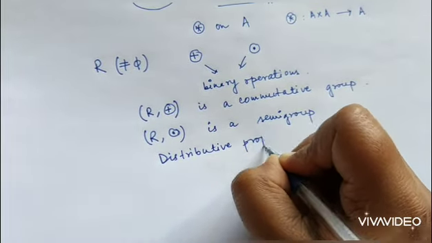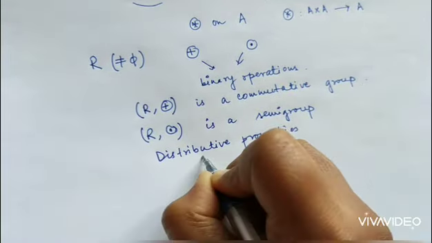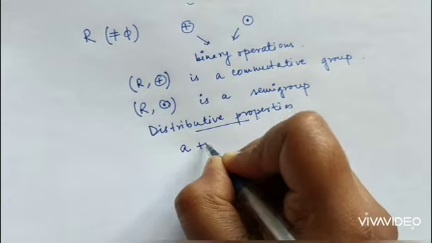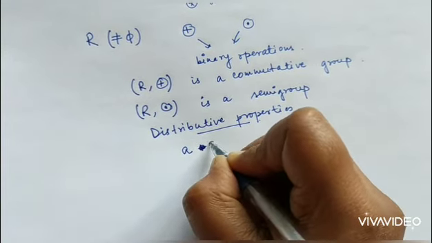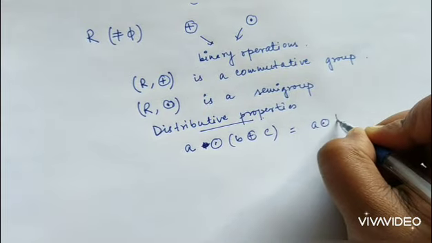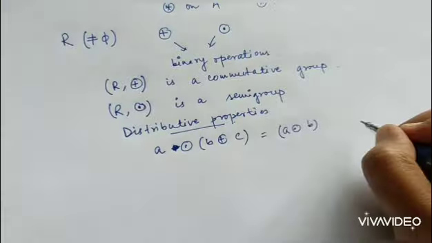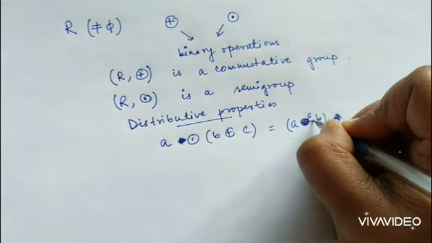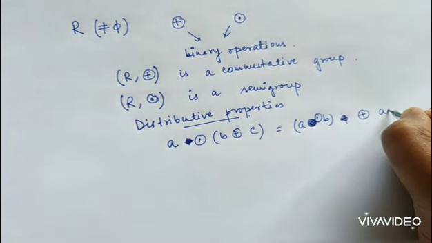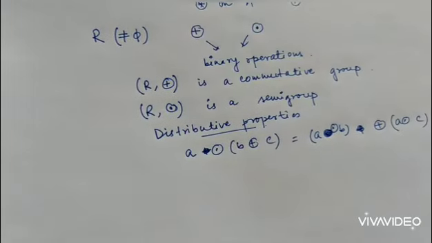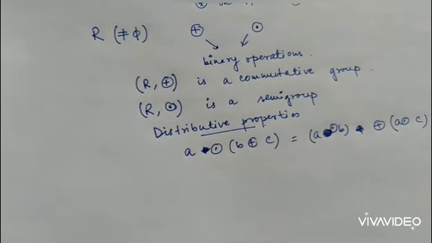What are distributive properties? That is A dot (B plus C) equals A dot B plus A dot C. This is distributive from the left side.